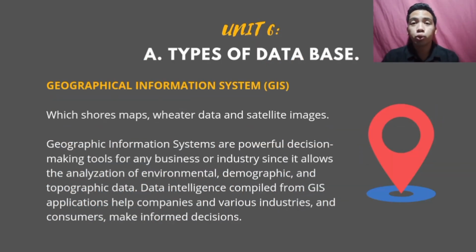Let's go now to Geographic Information Systems. Geographic Information Systems are powerful decision-making tools for any business or industry since they allow the analysis of environmental, demographic, and topographic data. Data intelligence compiled from GIS applications helps companies, various industries, and consumers make informed decisions.